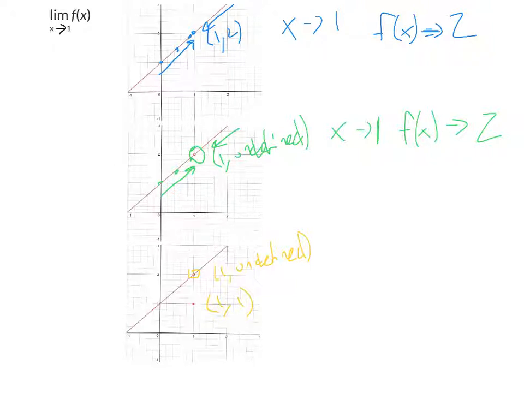But if we look at f of x as we get closer to that value from either side, as I put in 0, 1, 0.5, 1.5, 0.9, 1.9, as x gets closer to 1, my f of x values are still approaching the number 2.